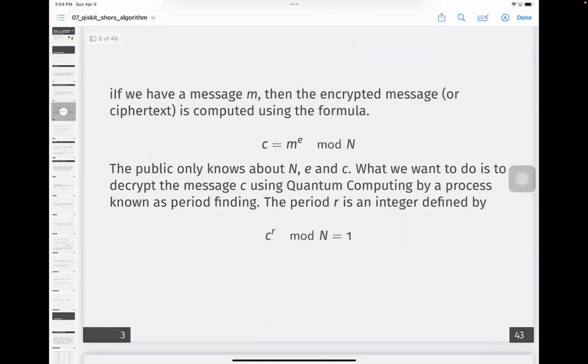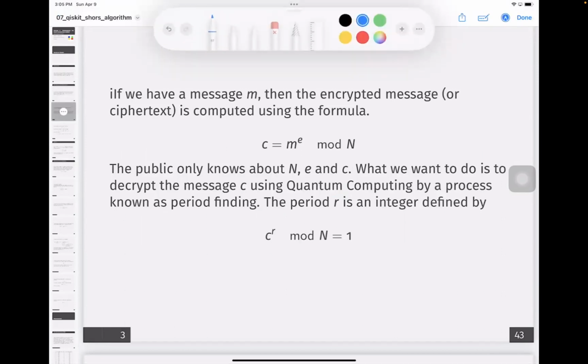Okay, next. So given a message M, we want to encrypt this using RSA. What we'll do is raise this to the power E and get the remainder when we divide it by the number N. So this is the formula.